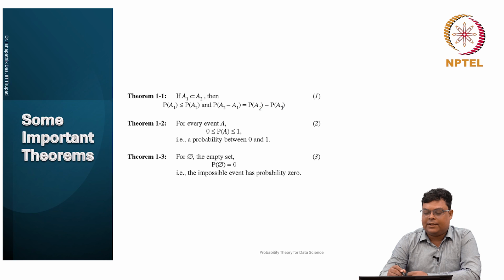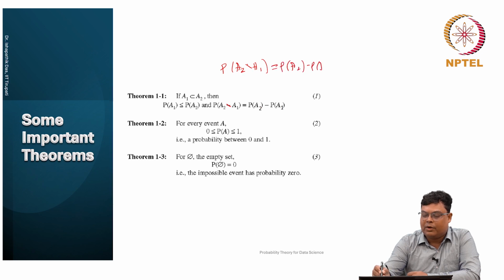Let us discuss the first theorem, theorem 1.1. If A1 is a subset of A2, then probability of A1 is less than or equal to probability of A2, and probability of A2 minus A1, this notation should be written with a forward slash, A2 minus A1, is equal to probability of A2 minus probability of A1. In set theory it is not the real number 3 minus 2 equal to 1; the set A2 minus A1 means all elements in A2 that do not belong to A1.